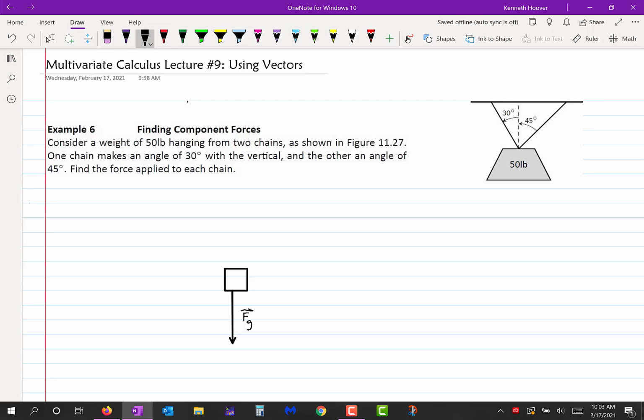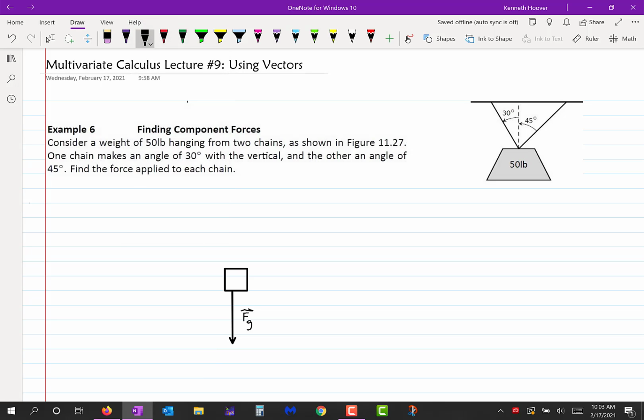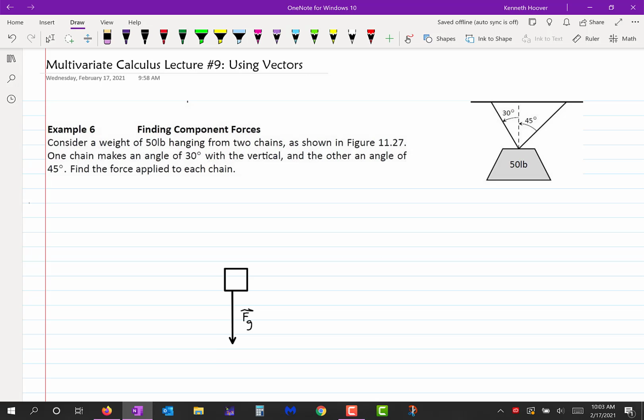Okay, there's also two other forces, and that is the chains pulling up on the weight. How is it that the chains are pulling up on the weight? Well, very simple. If they weren't, the weight would be falling. If gravity is pulling down on the weight and nothing's pulling up on it, then the weight would fall.